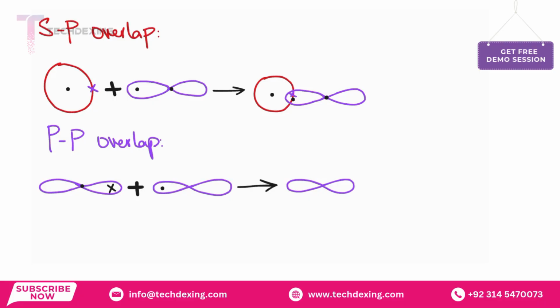Here are present the nuclei, and in the center there is the position of electrons. Here it is represented by cross, and the other one is represented by the dot.